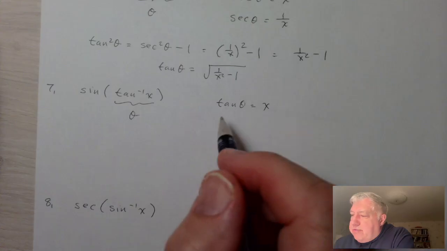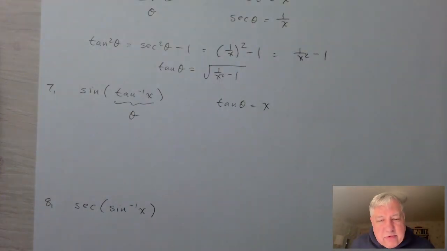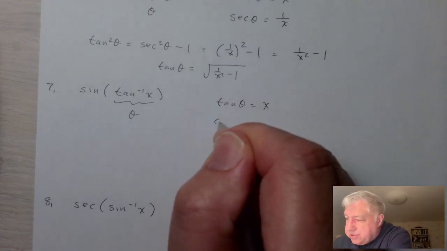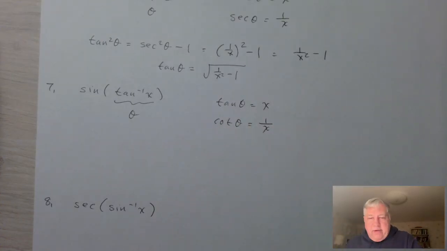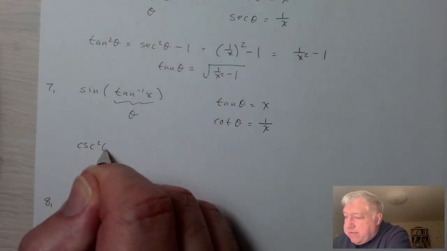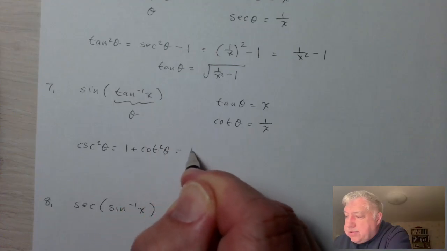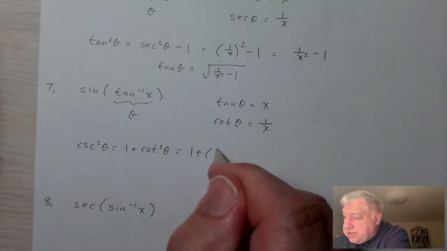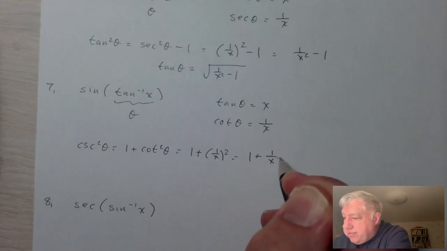Let's take the cotangent first. The cotangent's easy. That'll just be the reciprocal of that. And then we know that the cosecant squared of theta will be 1 plus cotangent squared of theta. So this will be 1 plus 1 over x squared.